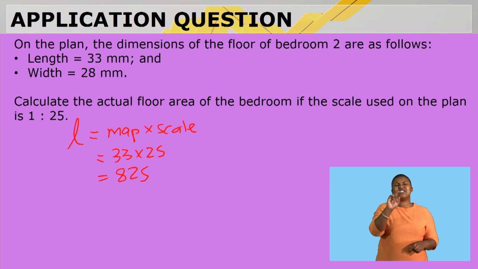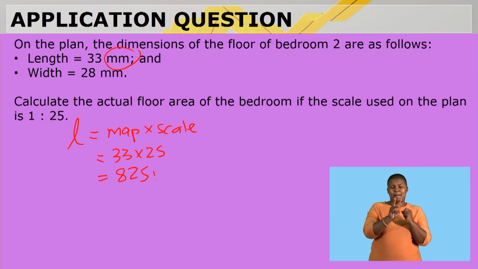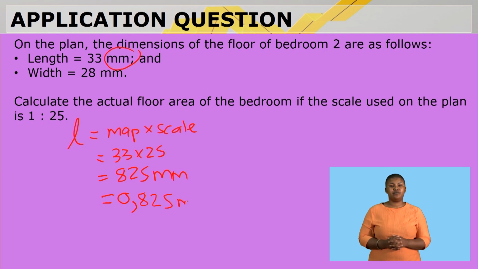The unit is millimeters. And then you can see that in meters, it is going to be 825 divided by 1,000. So the length is less than a meter. So the bedroom is 0,825 meters.